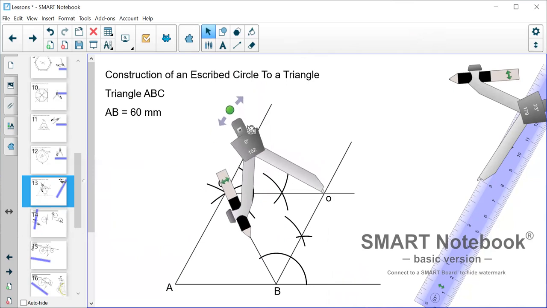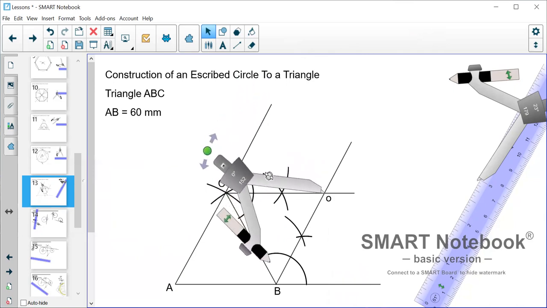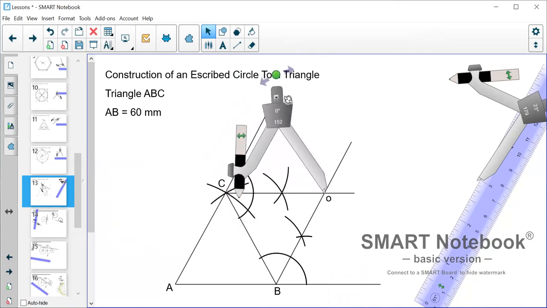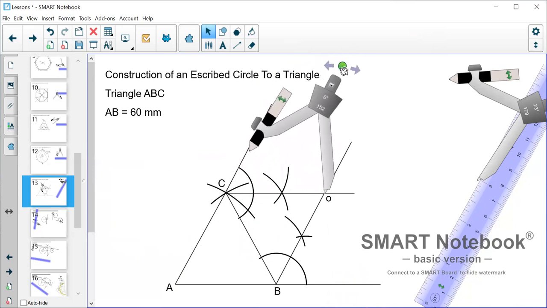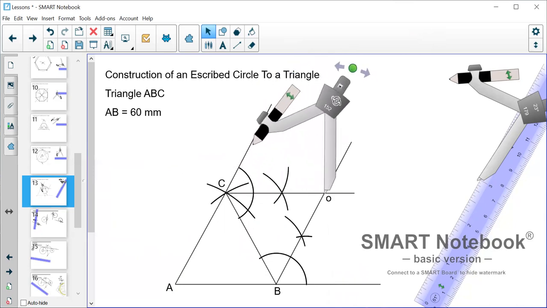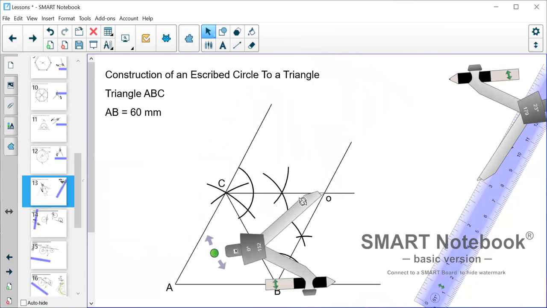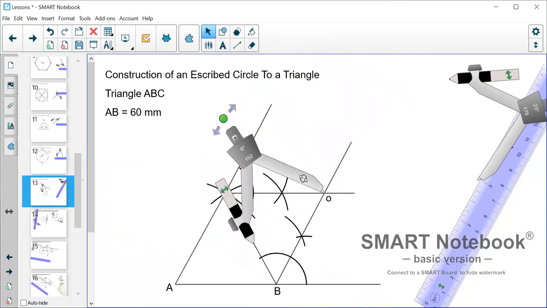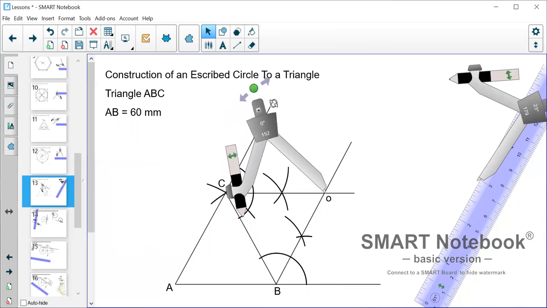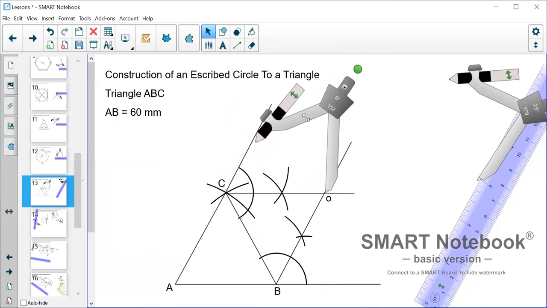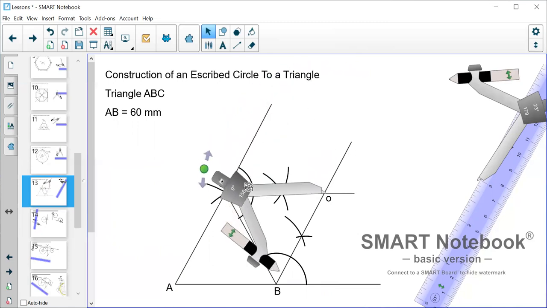It could be the side BC, depending on where you extend the line. Now this must also touch both extended lines. It must touch both extended lines.